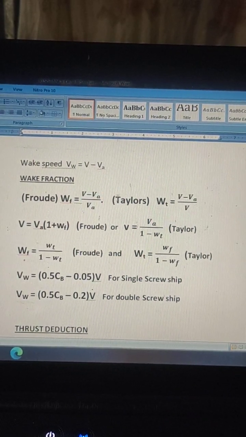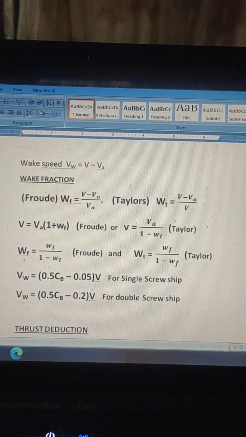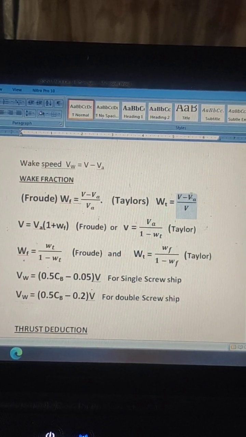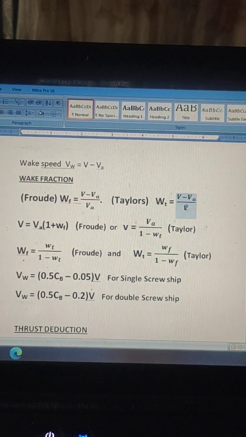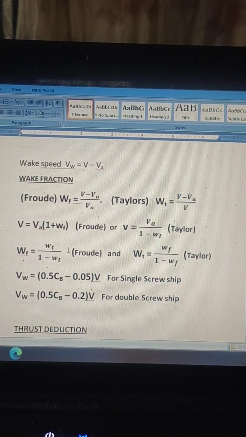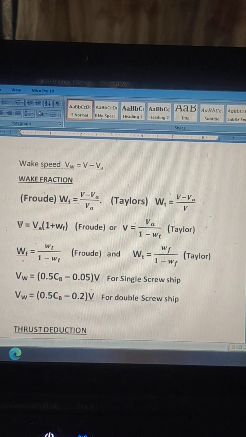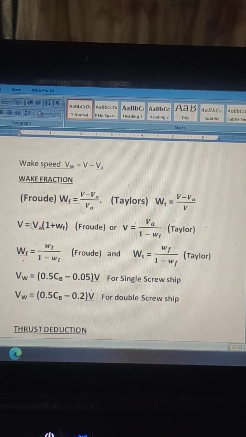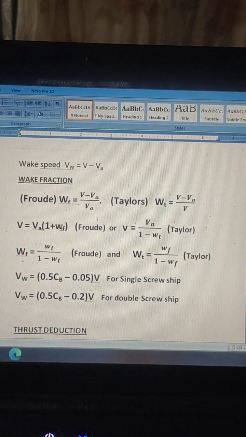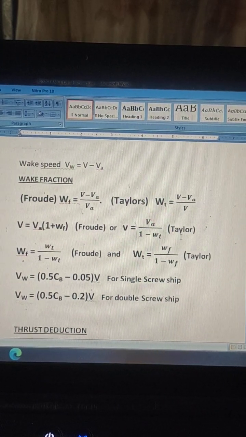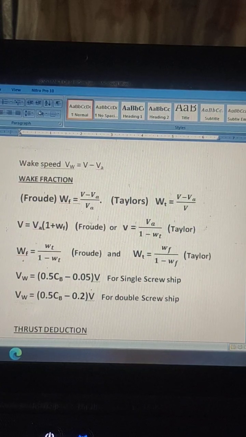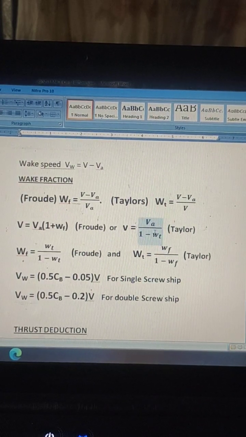Now another great man in fluid mechanics defined this one, which is also called Taylor's wake fraction. So we have two wake fractions, from which we can see that this relationship between the speed of advance and the speed of the ship is given by this, while for the wake fraction, this for Taylor, this for Froude, and this for Taylor.